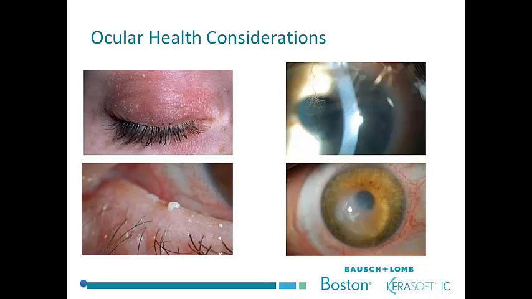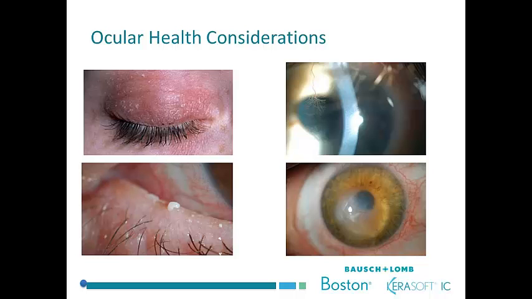So there's some things that need to be treated ahead of time before your patient is fit. As always, if you have any lid hygiene issues, you have to address that too, because you want to make sure that the patients are comfortable and not posing any risks for any future infections, as well as keeping their corneas clean and deposit-free as best as possible.